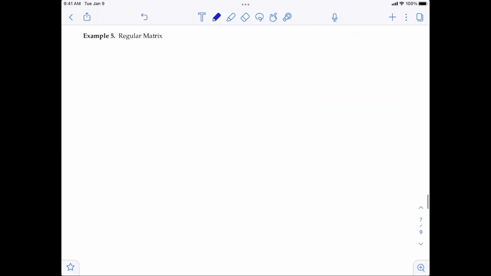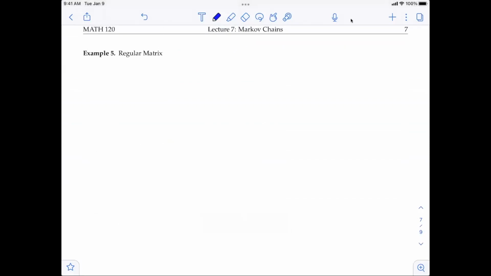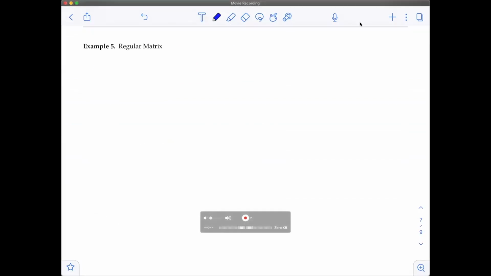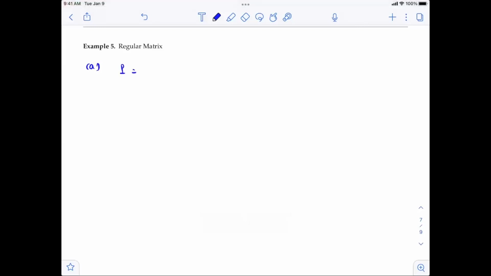Okay, so here are some examples of regular matrices. The first example is the following matrix: 0.7, 0.15, 0.15, 0.2, 0.8, 0.15, 0.1, 0.05, 0.7.